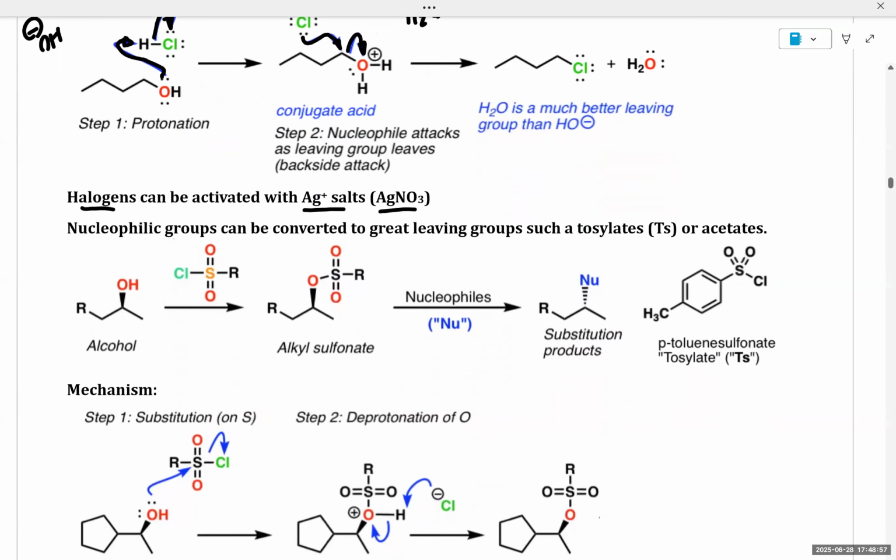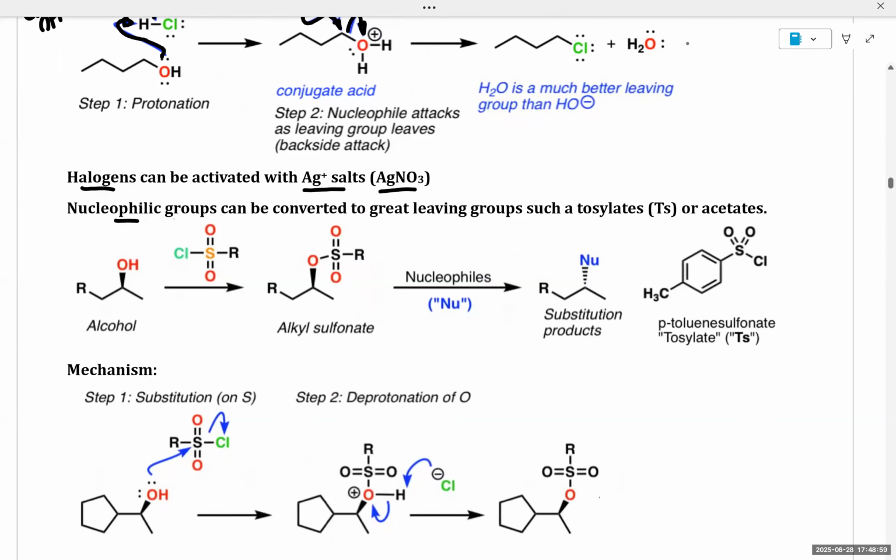If you have an alcohol, it can be converted to great leaving groups, such as tosylates or mesylates. So all of these are made from sulfonyl chloride reagents. These sulfonyl chloride reagents can be used to make an alkyl sulfonate, and toluene sulfonates and other sulfonate-derived leaving groups are great leaving groups.